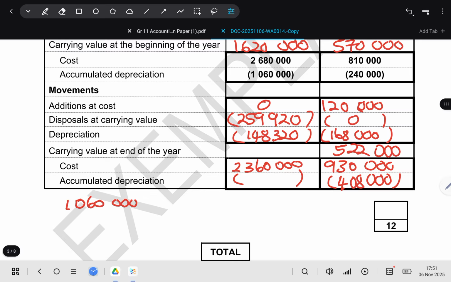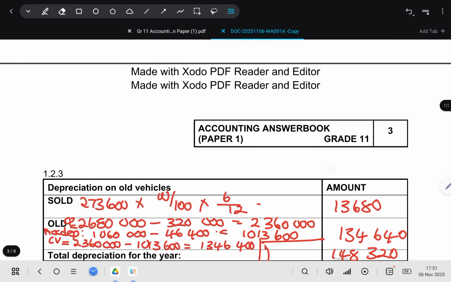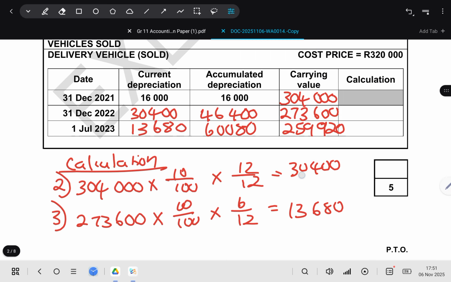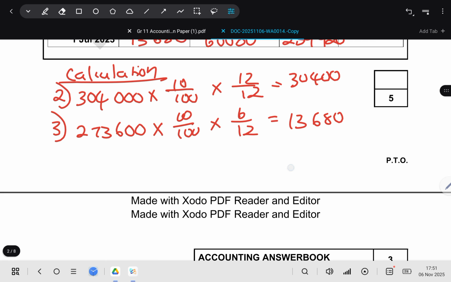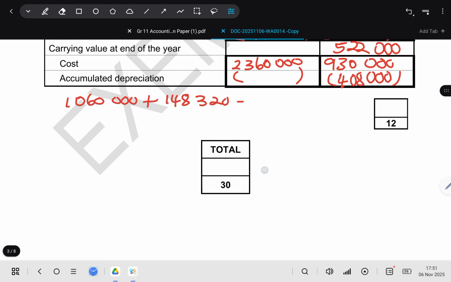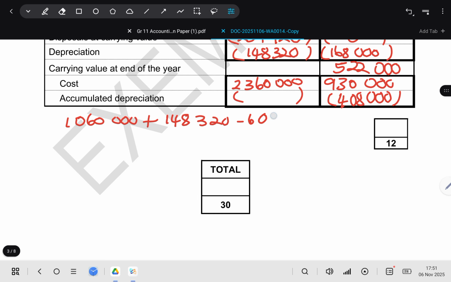1,060,000 plus the total depreciation for the year, which is 148,320. We minus the total accumulated depreciation of the sold asset, which is 60,008. So we will subtract that 60,008, and then it will give us the accumulated depreciation at the end.